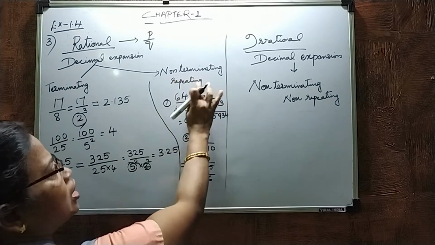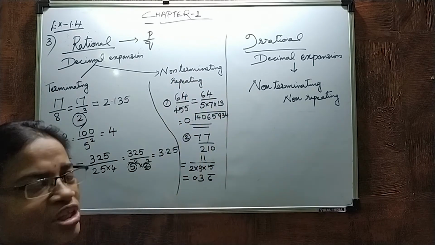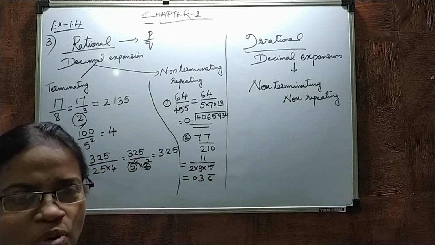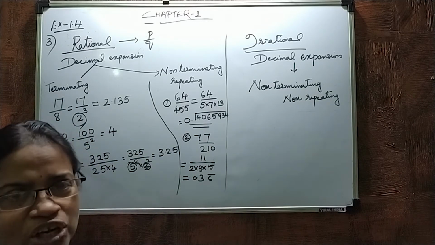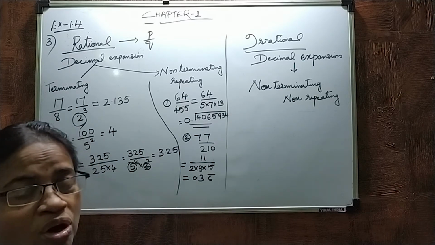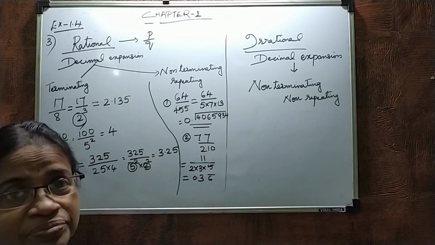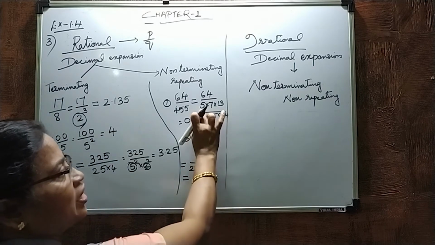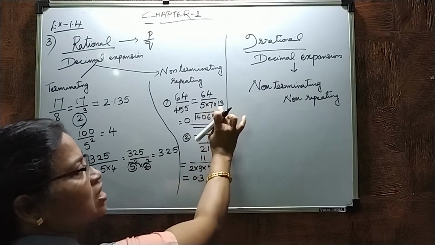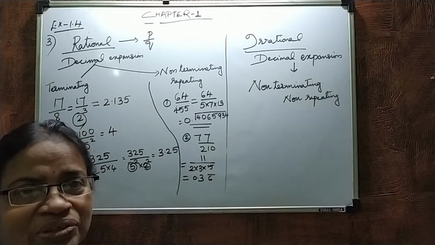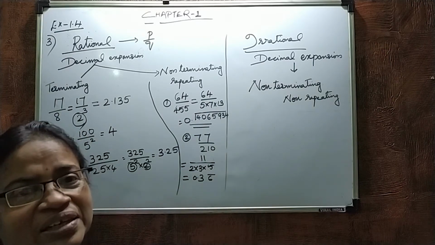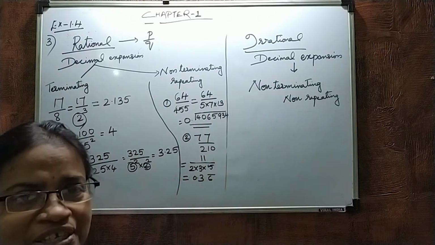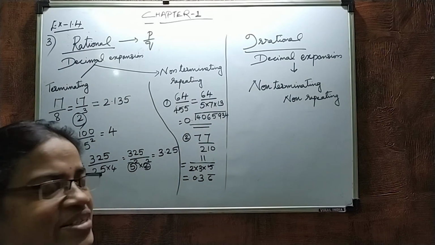Here non-terminating repeating, just look at the factors of Q. Whether it is in the form of 2 raised to m into 5 raised to n, or 2 alone, or 5 alone. No. Just look here, with the 5 some other extra factors are there. Then we can say it is non-terminating repeating.